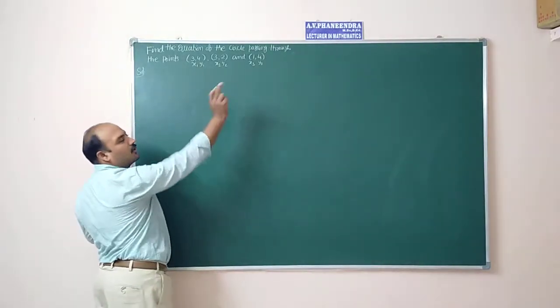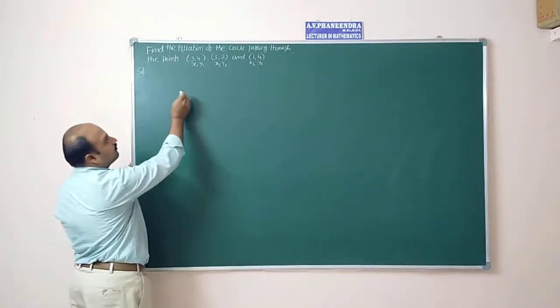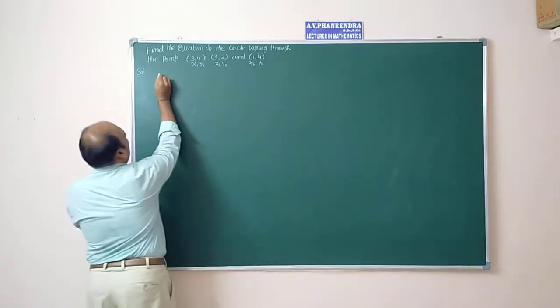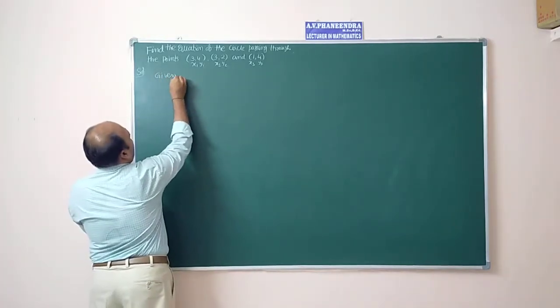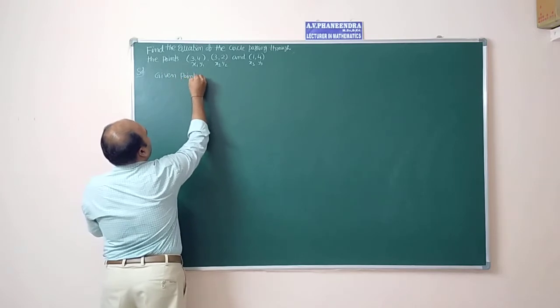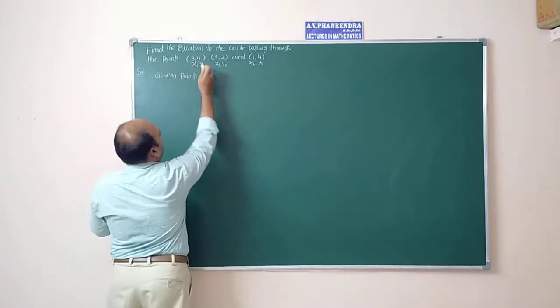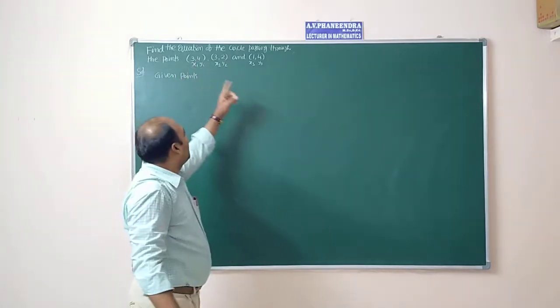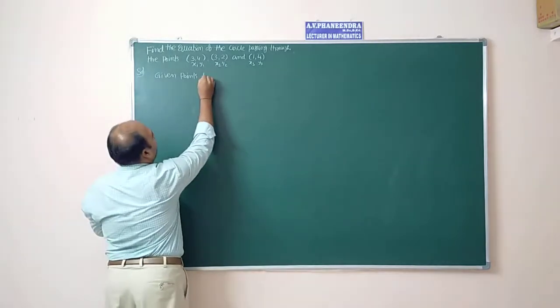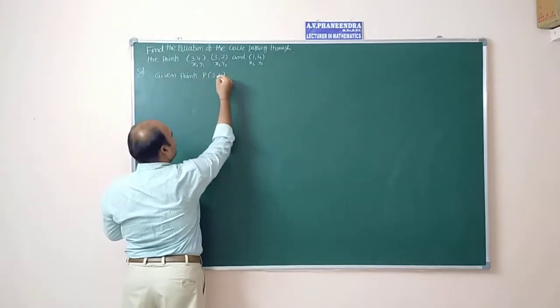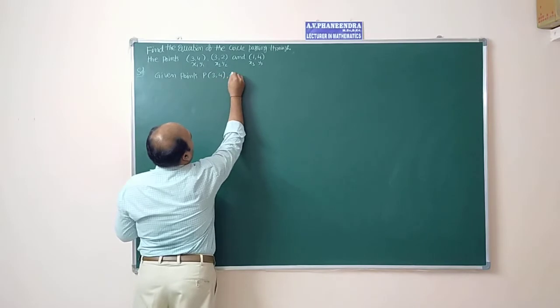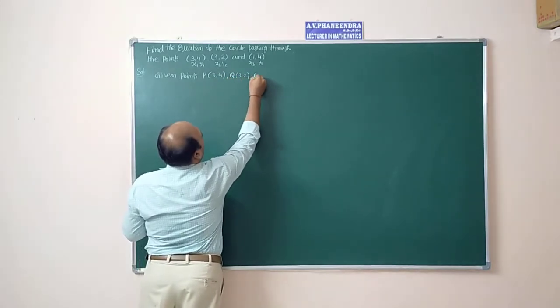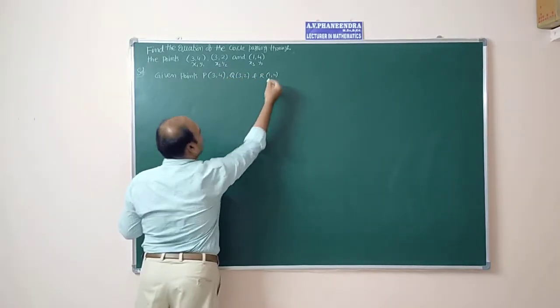Given 3 points: 3, 4; 3, 2; and 1, 4. Give them names: one is P (3, 4), and Q (3, 2), and R (1, 4).